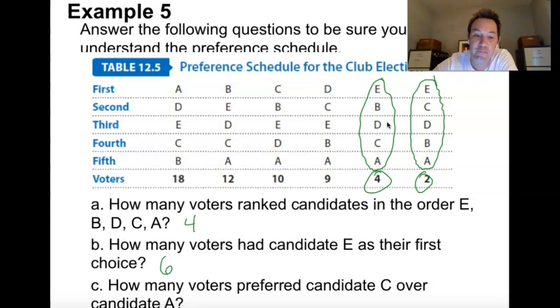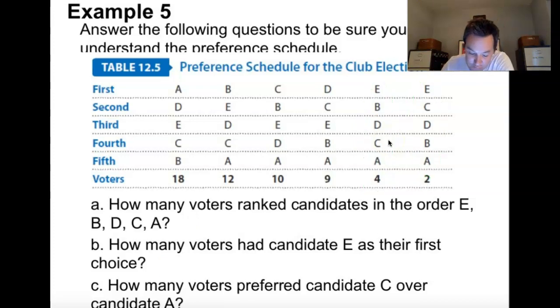And then how many voters preferred candidate C over candidate A? So what we want to do is just go down the columns, and we're going to take the columns that have candidate C ranked higher than candidate A. So column 1, no, A is ranked first. Column 2, yes. C is 4th, A is 5th, so C is ranked higher than A. Column 3, yep.